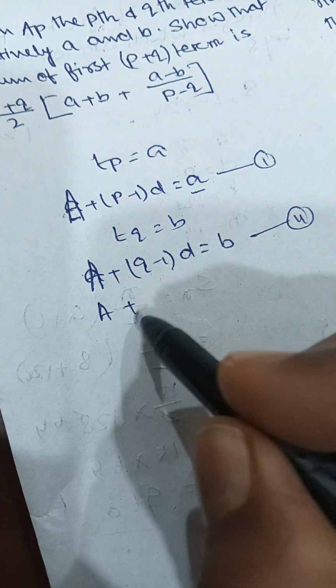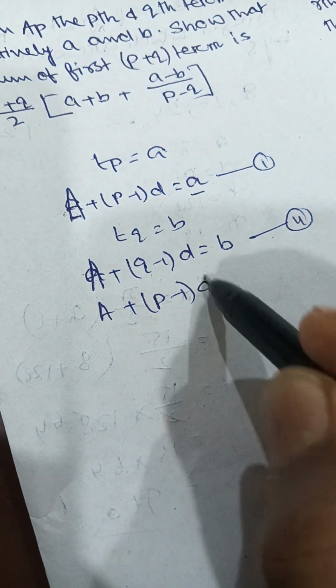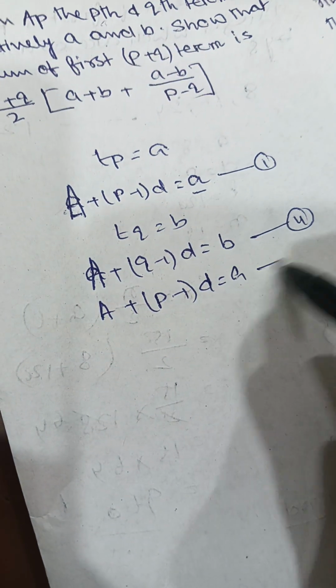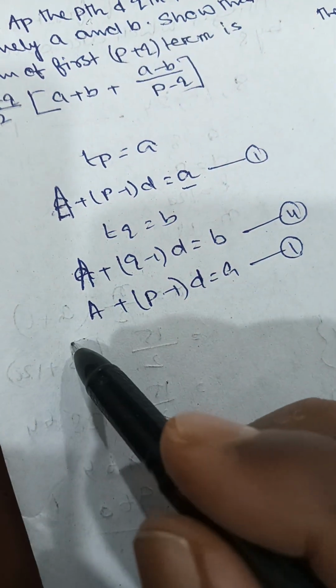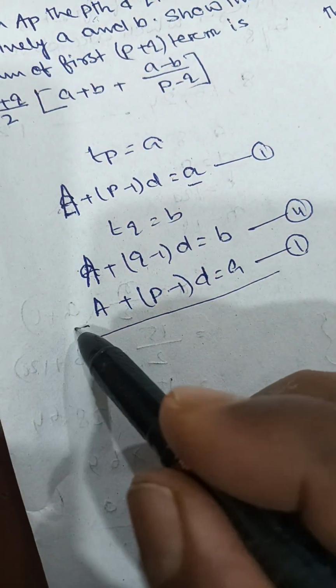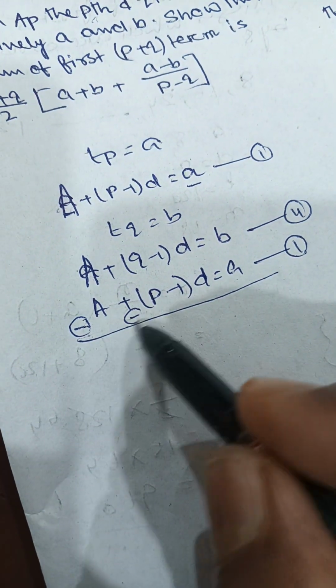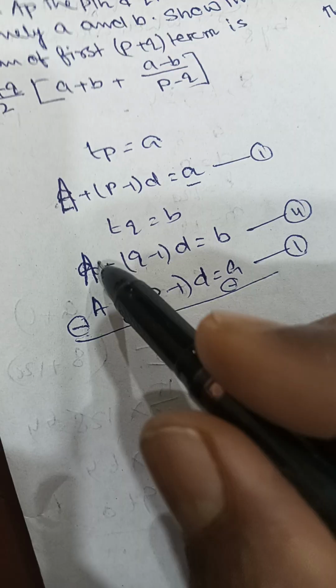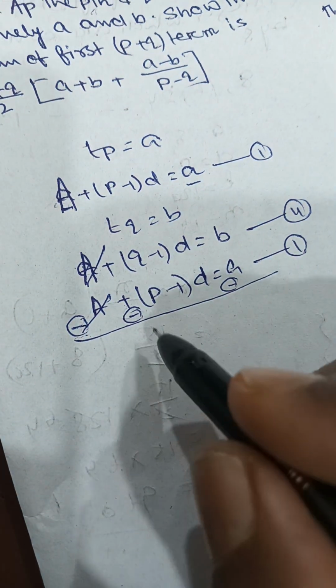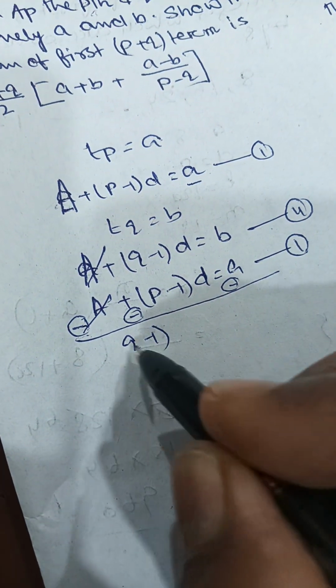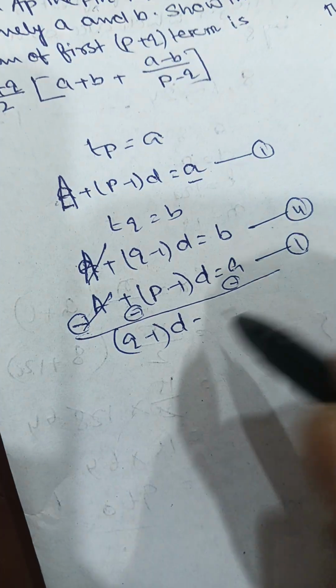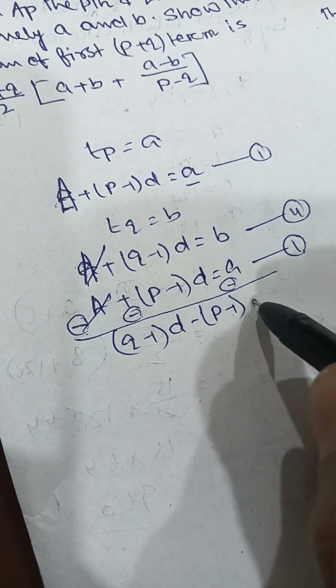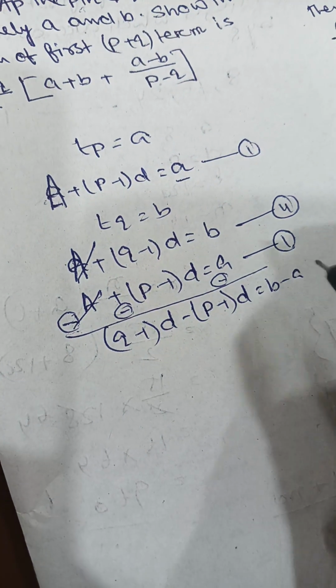If you solve them, suppose I write the first equation under the second one, then you can cancel. You see, if you subtract, the A and A cancel. So the remaining terms will be (q minus 1) into d minus (p minus 1) into d equal to b minus a.